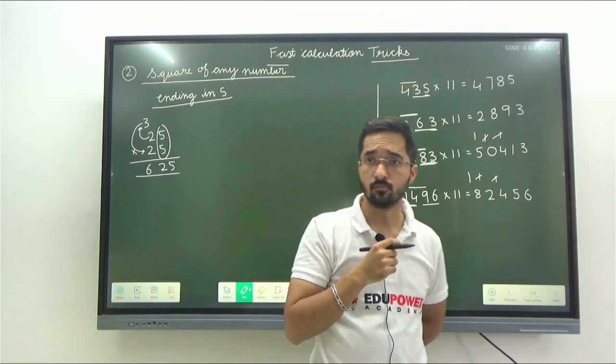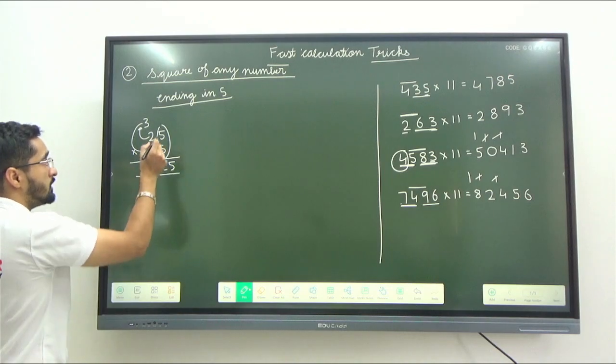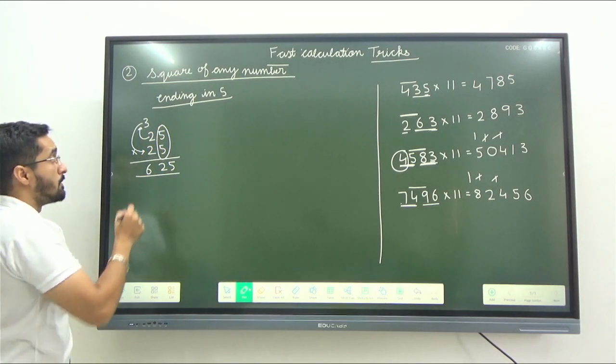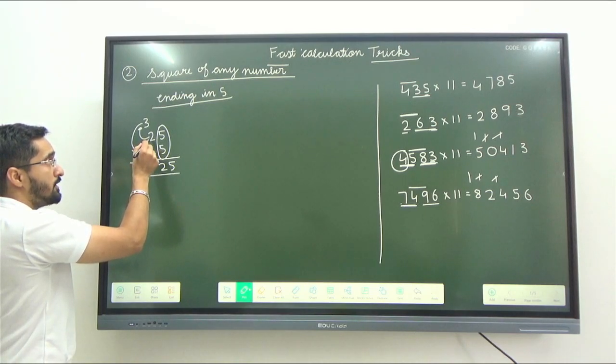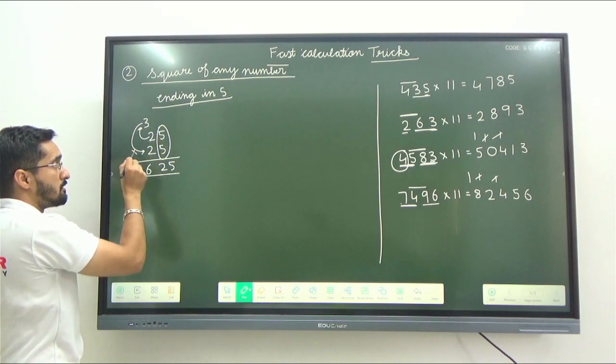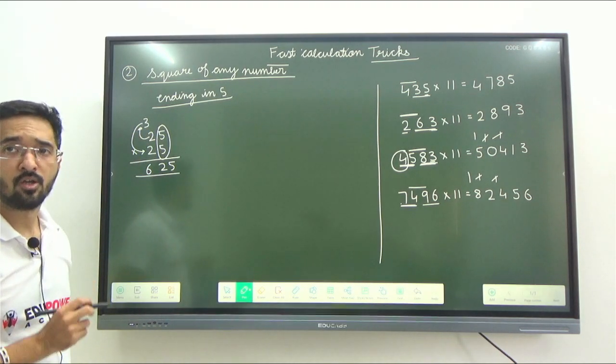Answer is 625. Okay. Next question. So, basically what we have to do is this 5 we have to multiply with this 5. 5 into 5, 25. Then for this number we have to find the next digit. So, 2 plus 1 is 3 and then this next digit has to be multiplied by this 2. 3 2s are 6. So, answer is 625.